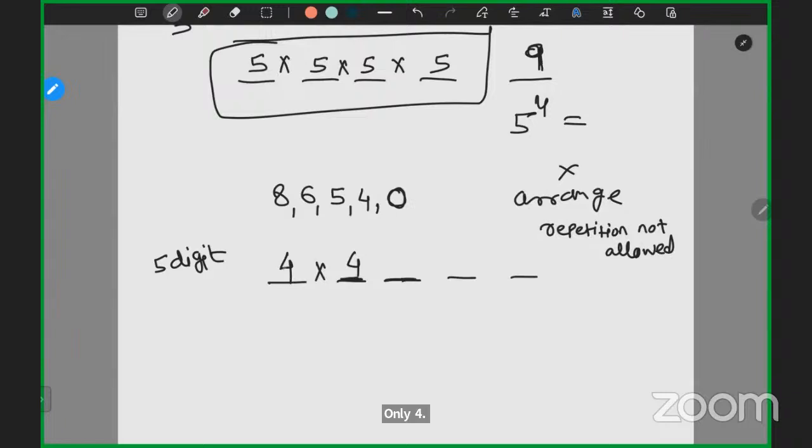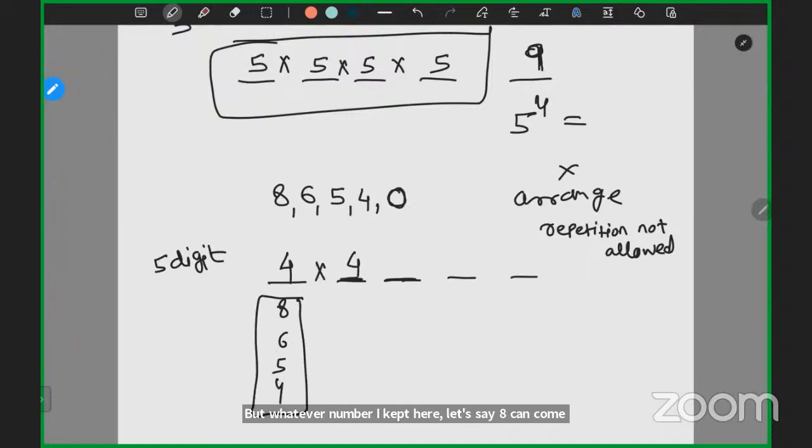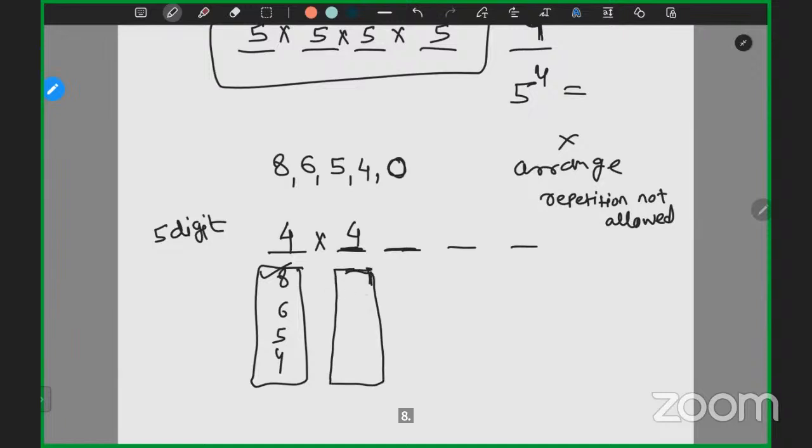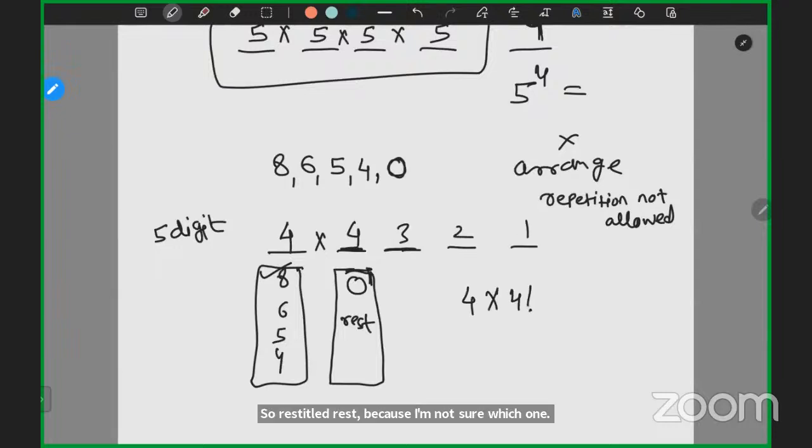But whichever number I chose for the first place, I can't keep it here, and the rest can come. Then 3, 2, and 1. So it's like 4 into 4 factorial.